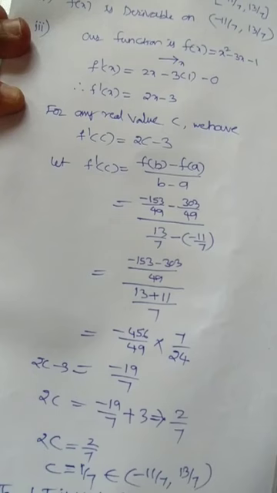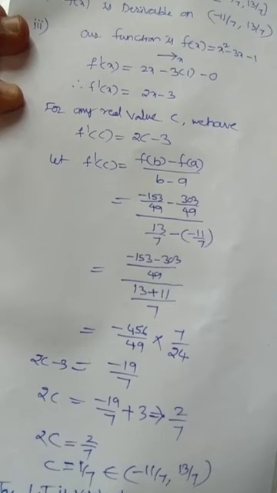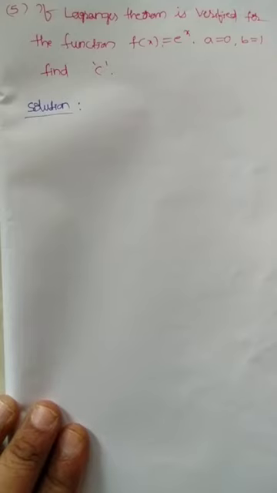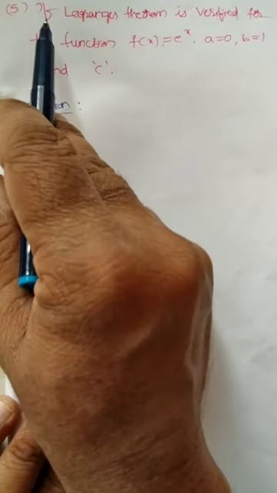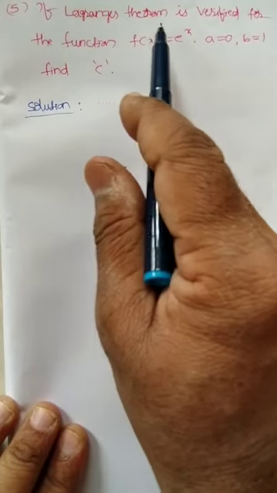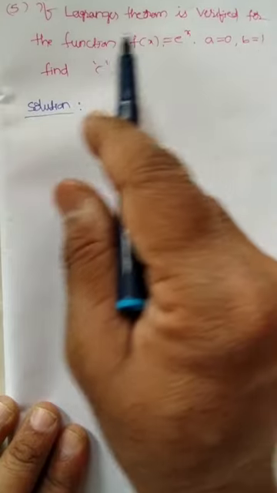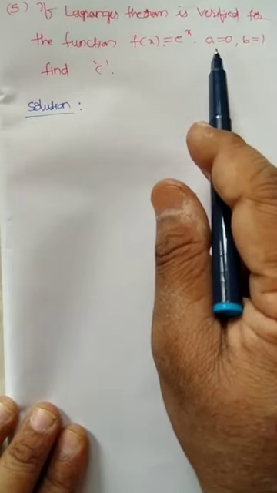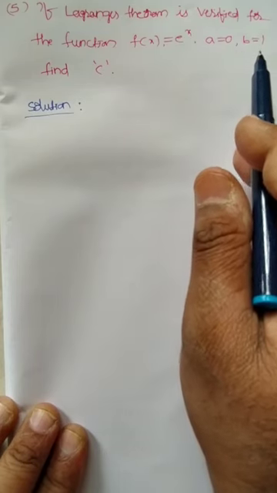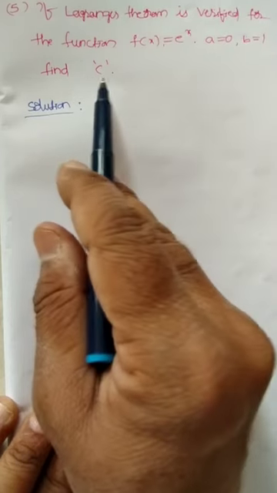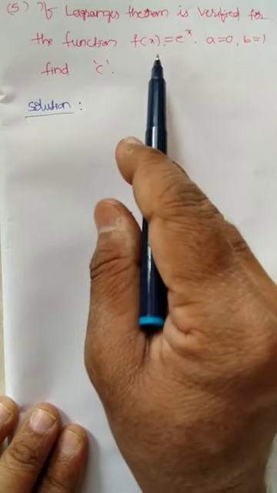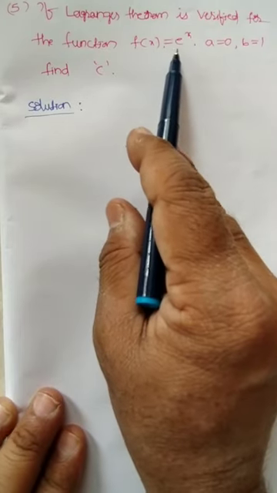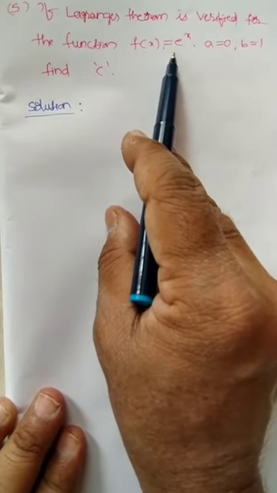Therefore the Lagrange's theorem is verified for the given function. Now the simple problem. If Lagrange's theorem is verified for the function f of x is equal to e power x, where a is equal to 0 comma b is equal to 1, find c. So here in the problem, f of x is equal to e power x follows the Lagrange's theorem.